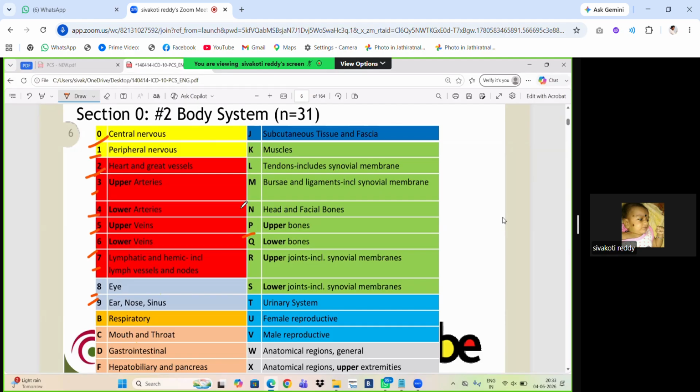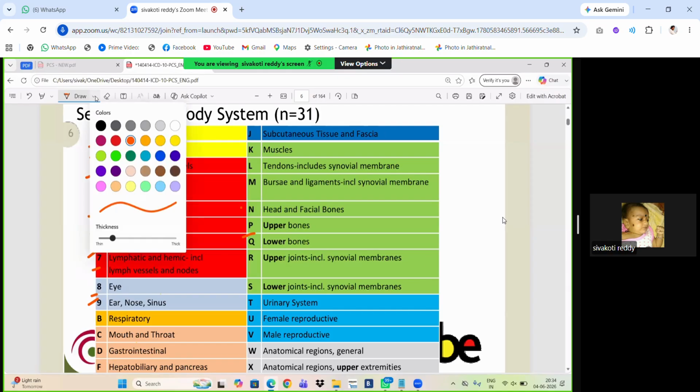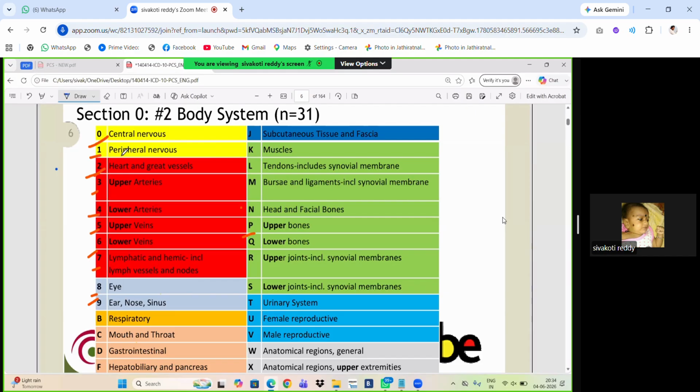For each body system, I will explain what body parts come under it. You can note it down if you don't know; if you already have a basic idea, leave it. First, central nervous system, 0. What body parts will we mostly get in the central nervous system? Brain and spinal cord. If they do a procedure on the brain or spinal cord, you will get the central nervous system.